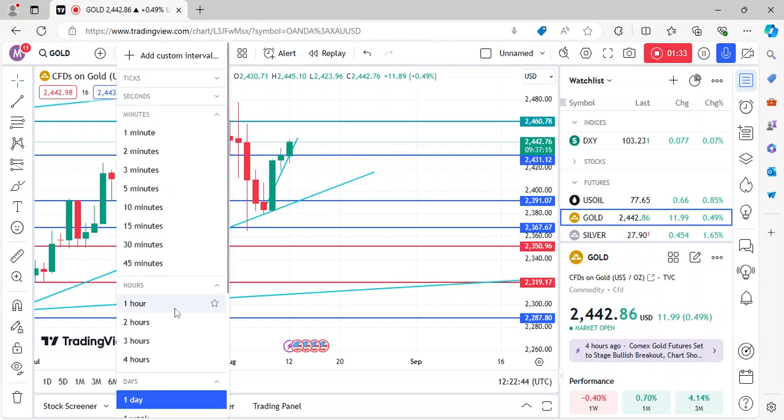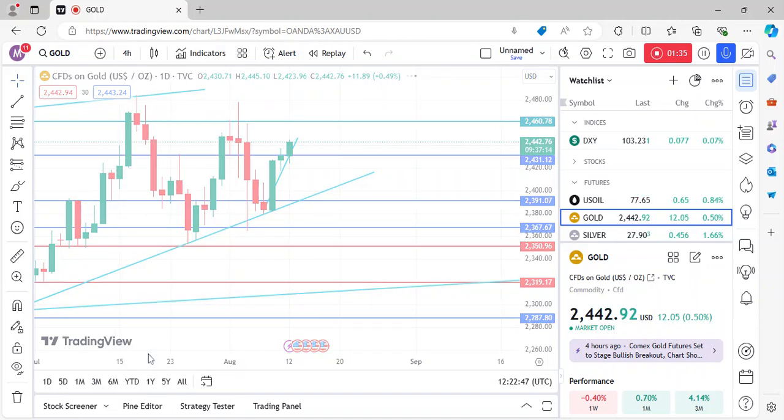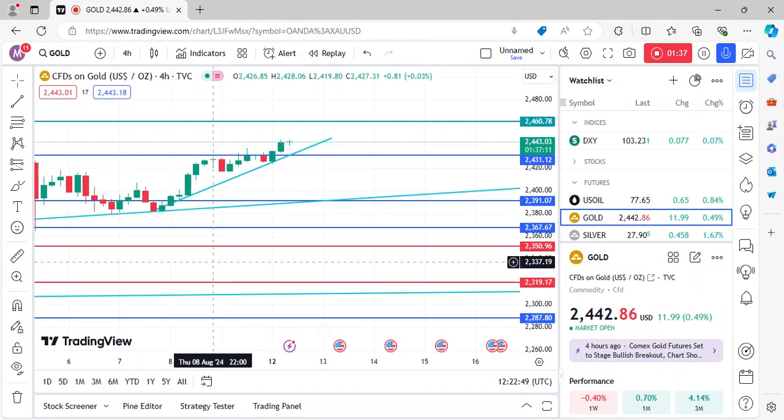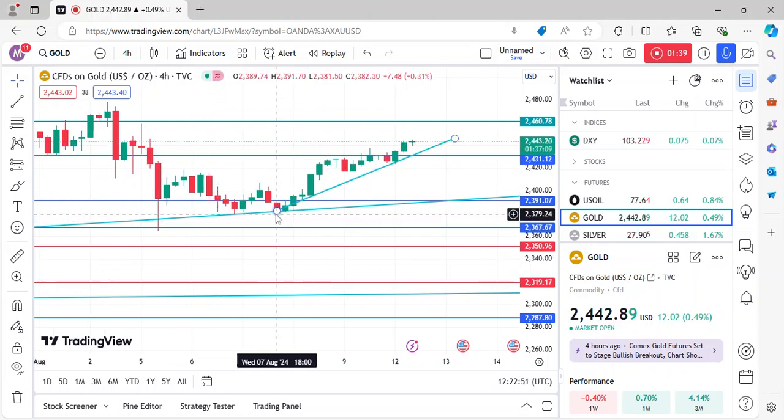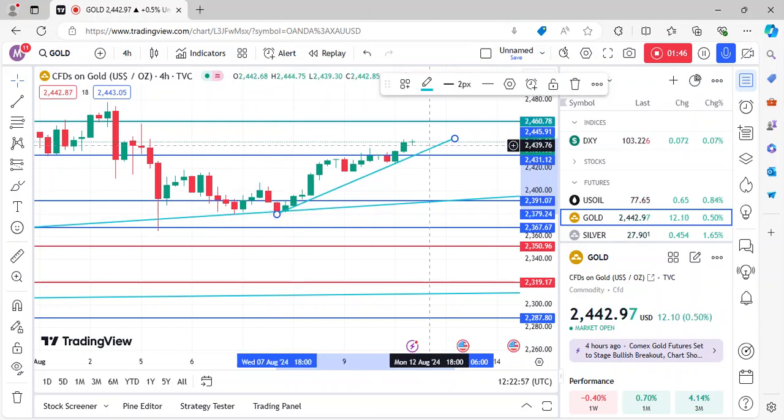let me go to the 4 hour time frame so that we see things clearly over there. I drew another trend line over here. As you can see, price managed to touch it one, two, and the third one.